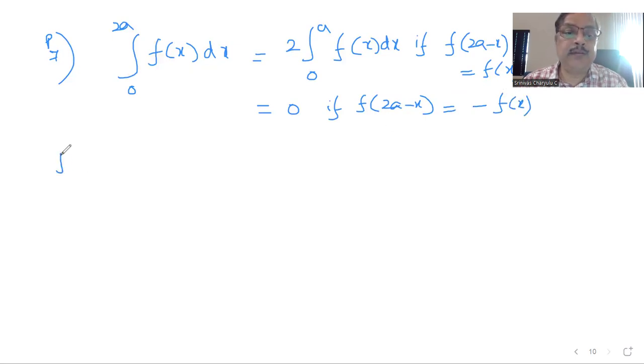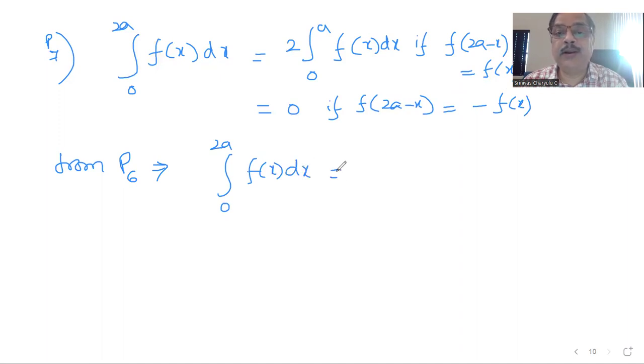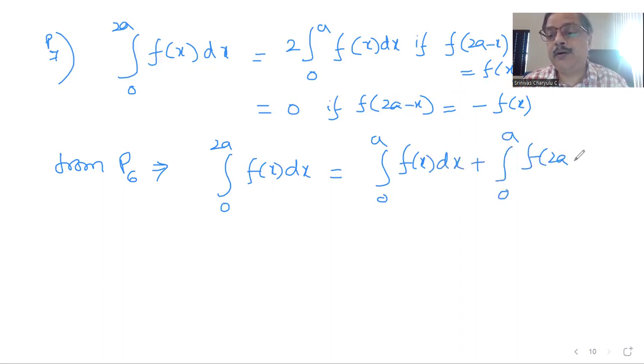So previously from P6, what we did, integral 0 to 2a f of x dx we have written as integral 0 to a f of x dx plus integral 0 to a f of 2a minus x. Correct?